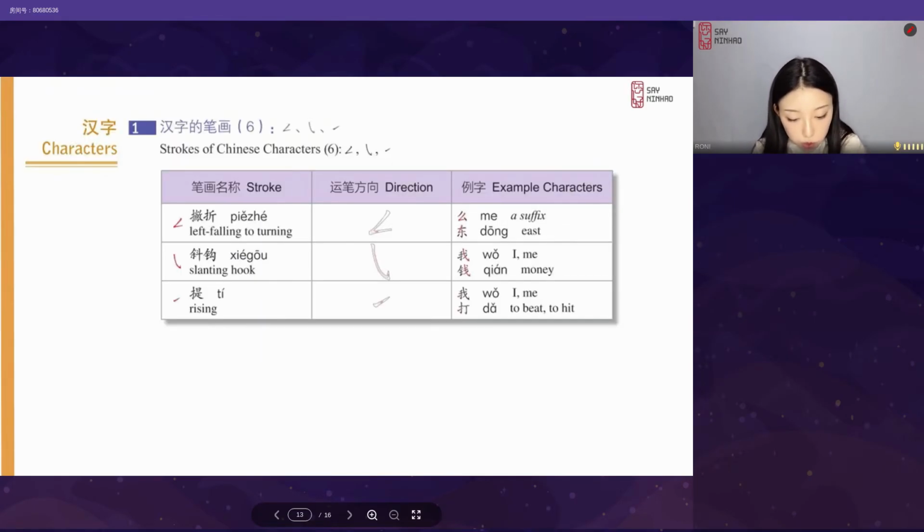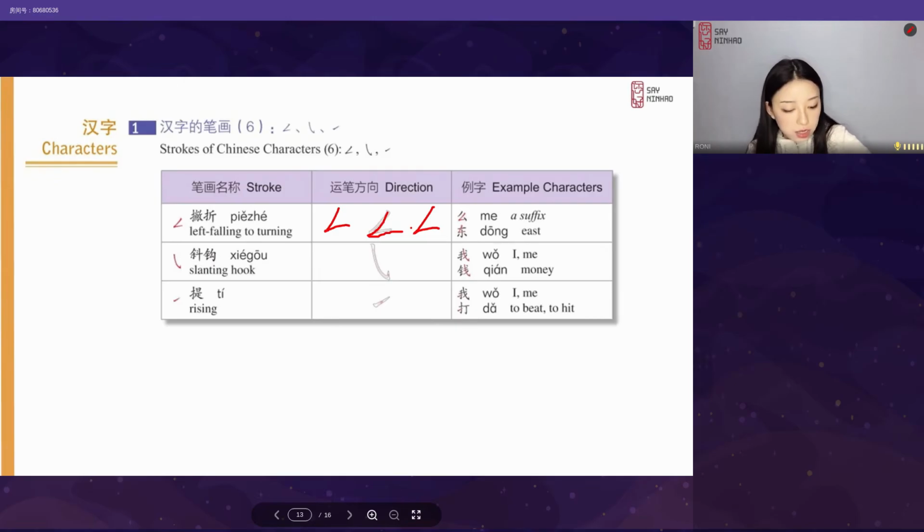Let's move on to next part, which is the strokes of Chinese characters for today. First one is 撇折. We can see there is a left falling first, right? Left falling and then a turning. It turned, okay? Try to write it with me. Left falling and turn it.